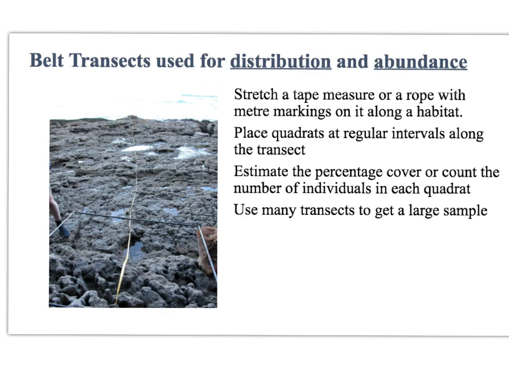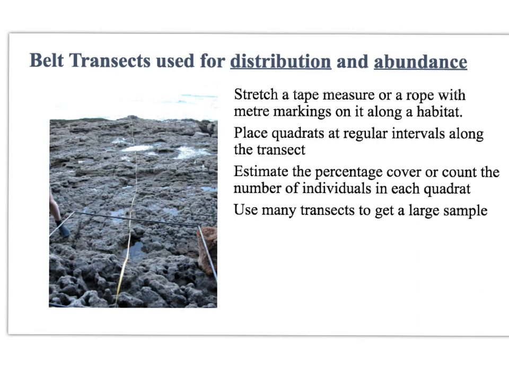So you'd expect to see different species as you go from areas that are covered with water for more hours of the day to fewer hours of the day. So you lay your transect across, going from the bottom of the shore that's covered in water a lot to the upper shore where it's not covered with water for very much, and you systematically place your quadrats at regular distances.